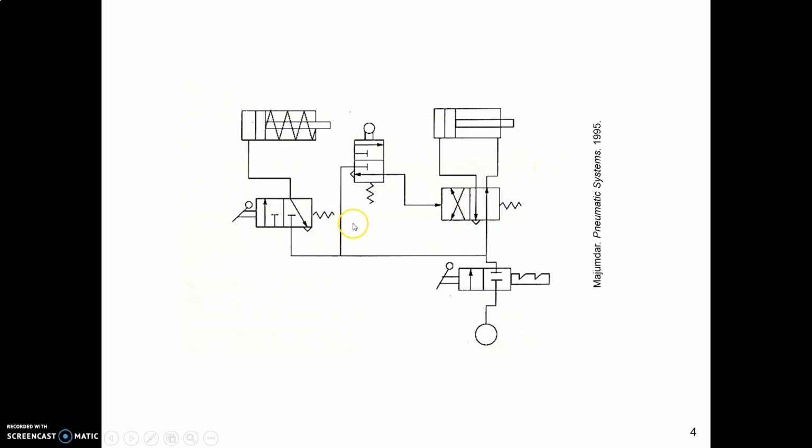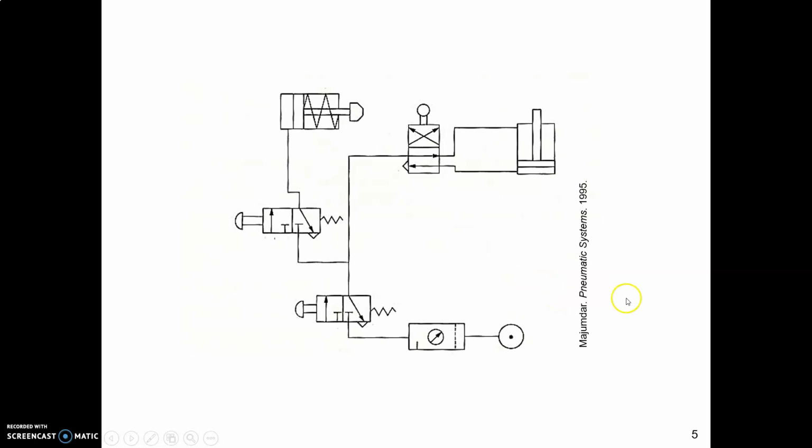And then you can look at some of these valves and see spring return, manual operated, spring return, pilot operated, manual operated with a detent, that's like a ratchet. Here's a different sequence circuit from this same textbook. Similar idea.